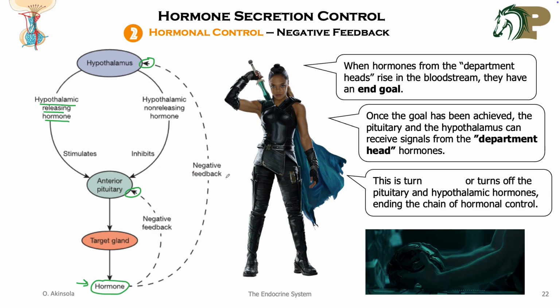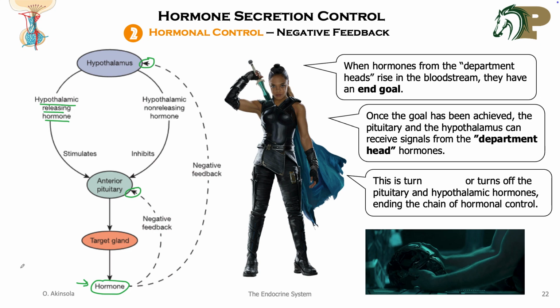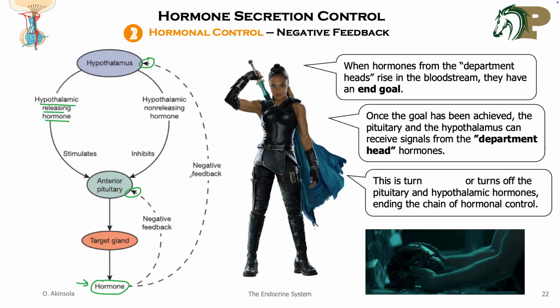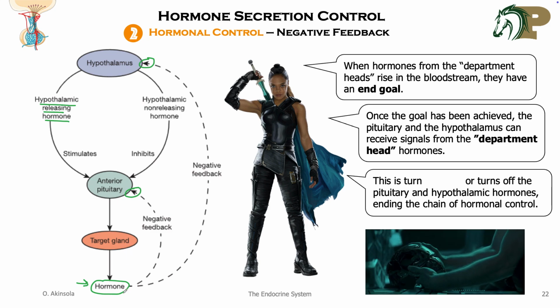Okay? And once that happens, the levels of the hormone will then start to drop. And the hormone will drop and drop until it gets to a particular level where it's too low. That will signal the whole system to turn on again. Okay? The negative feedback stops, and this whole system will then run like normal. The hormone will then go up. It will get to its target end level.